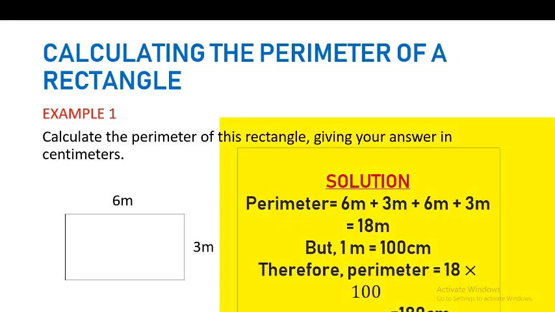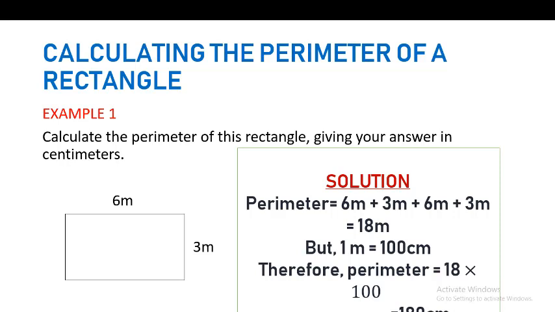Perimeter is equal to 6 meters, this 6 meters is for the length on top, plus 3 meters, that is the right width, plus 6 meters, that is the bottom length, plus 3 meters, that is the left width.